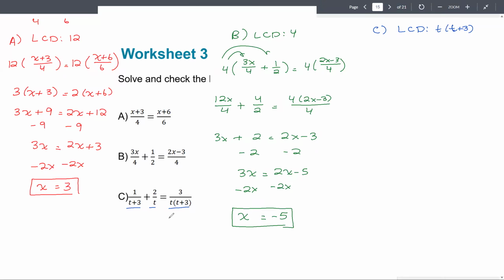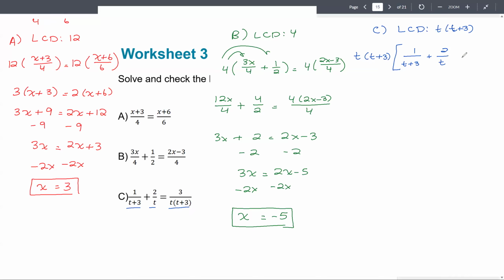So if I do that, I'm going to make myself the room for this. And you can multiply an entire equation by something.